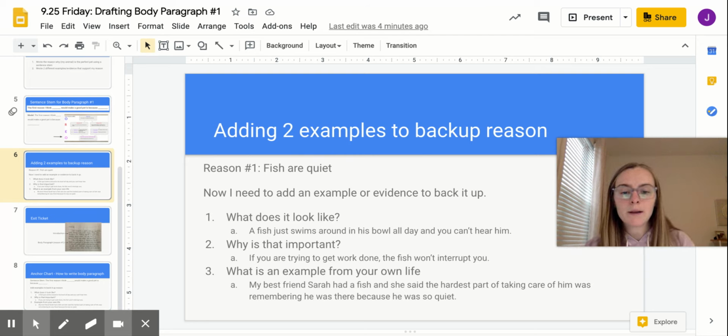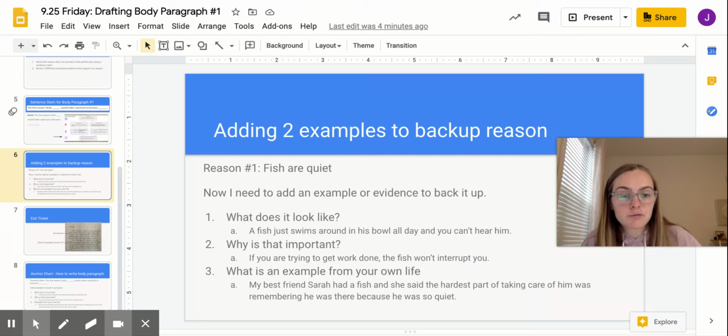Now, what is an example from your own life? What is an example of a fish being quiet in your own life? Well, I have a friend, Sarah, and she said the hardest part of taking care of a pet fish was remembering he was there because he was so quiet.